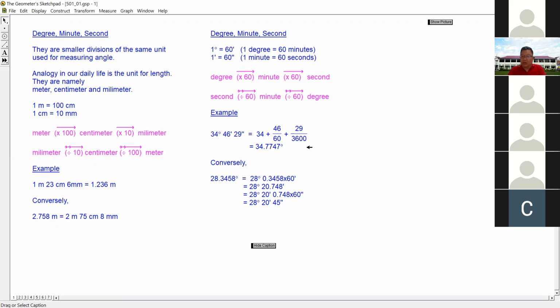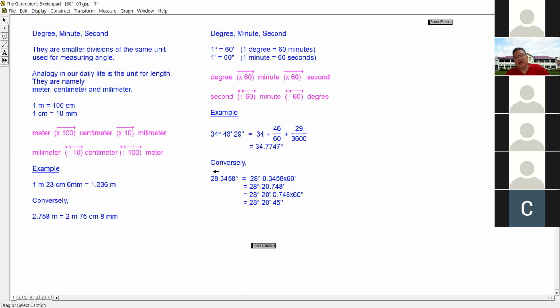Okay, now, so the whole thing with the degree at the top, you see this one here, right? From this smaller division, everything convert to degree and you'll get the whole thing, and with only one symbol at the top, degree. There's no longer minute and second there, right? So this minute and second, they are actually smaller division of a degree.